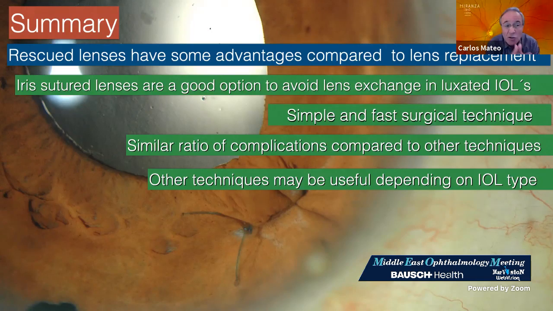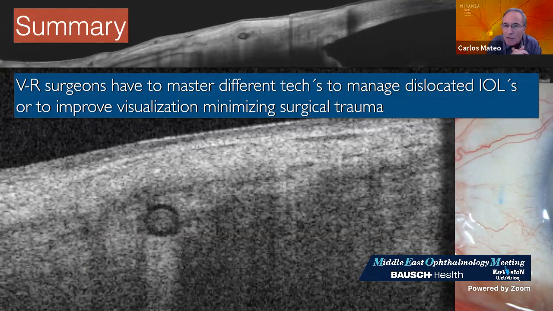As retinal surgeons, we have to master different techniques to manage dislocated IOLs, to improve visualization and minimize surgical trauma. And that's all I wanted to show you in my presentation. I repeat, I'm a vitreoretinal surgeon, not an anterior segment surgeon, and so I prefer this management of the luxated IOLs. Thank you.